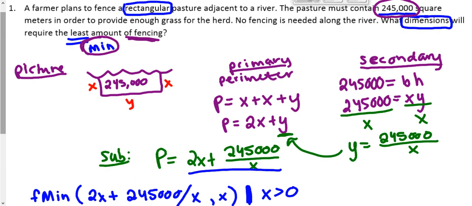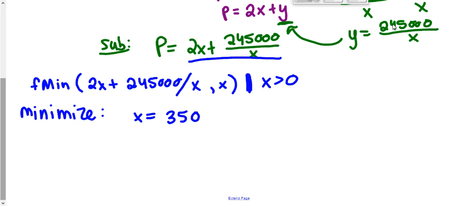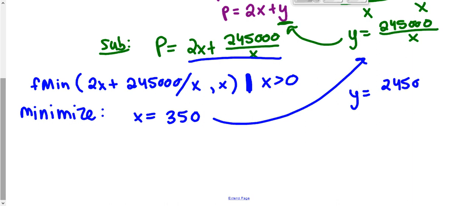So before we answer, it says what dimensions? Well, this is one of our dimensions, so we need the other dimension, which is y, so we can get that by going up here. So y is 245,000 divided by 350, and you will get 700.